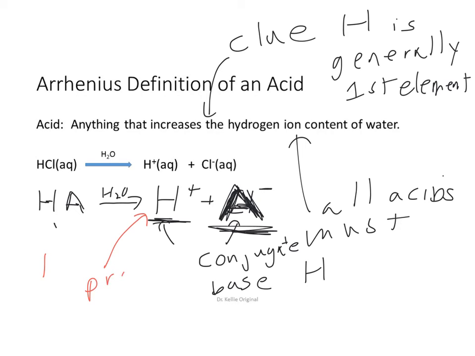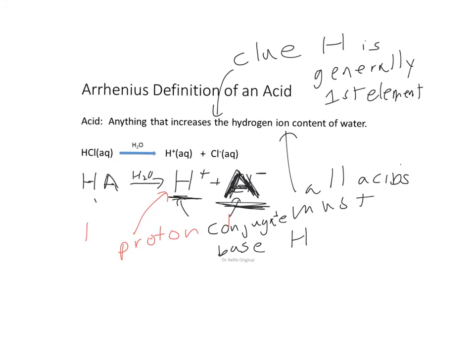So your hydrogen ion is actually a proton, or pure unadulterated positive charge. So if an acid produces pure unadulterated positive charge into the water, what do you think is going to happen?